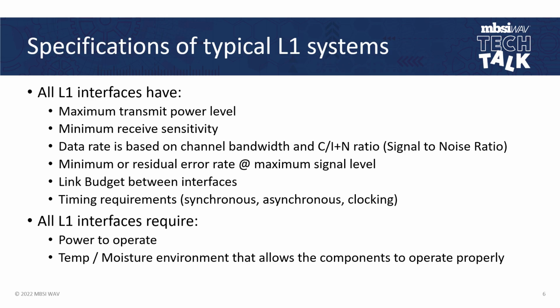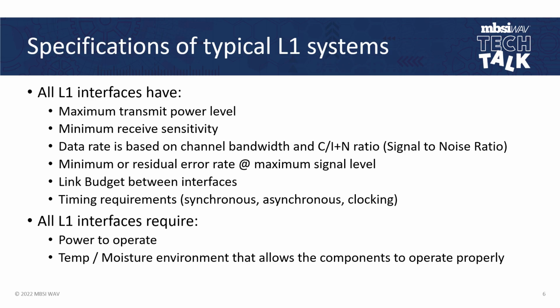The data rate is based on channel bandwidth and signal to noise ratio. There's always a minimum or a residual error rate at the maximum signal level. No two modems are perfect in talking to each other. And so in the physical layer, there's always some kind of anomaly that happens that determines what our minimum error rate across a link is. So we take that into account.